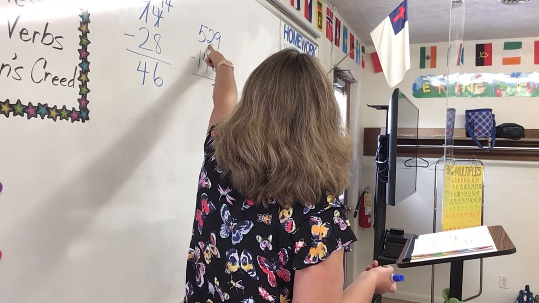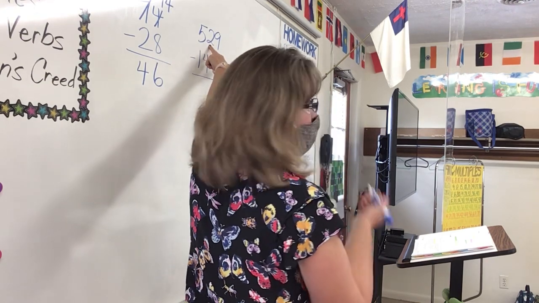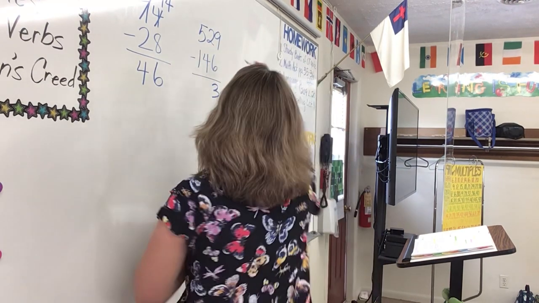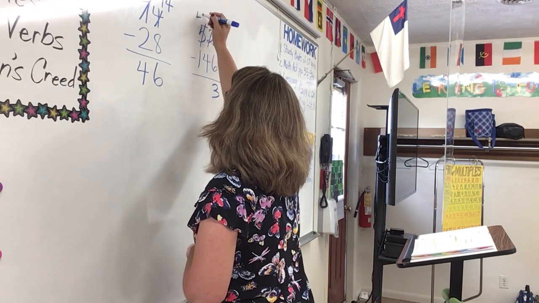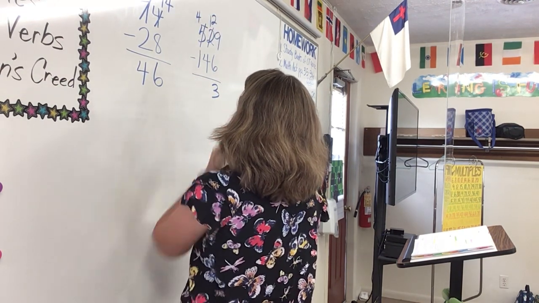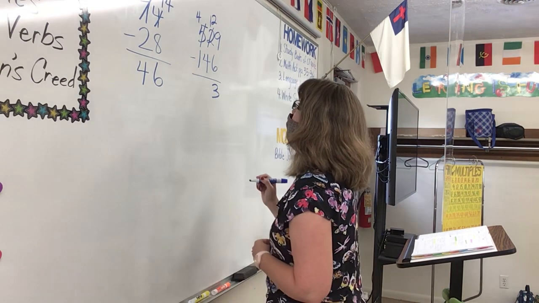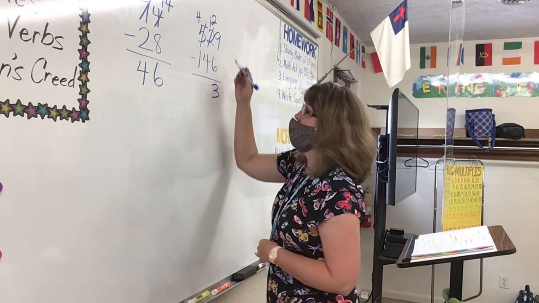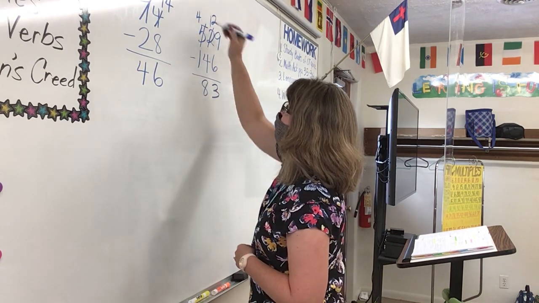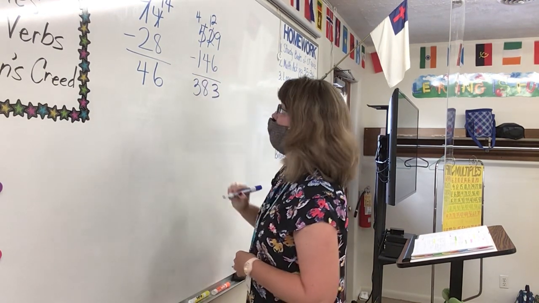So 2 becomes what? 12. And he gave me one of his hundreds, so now he's only a 4. He's 400. Okay. So now 12, take 4 away is 8. 4, take 1 away is 3.